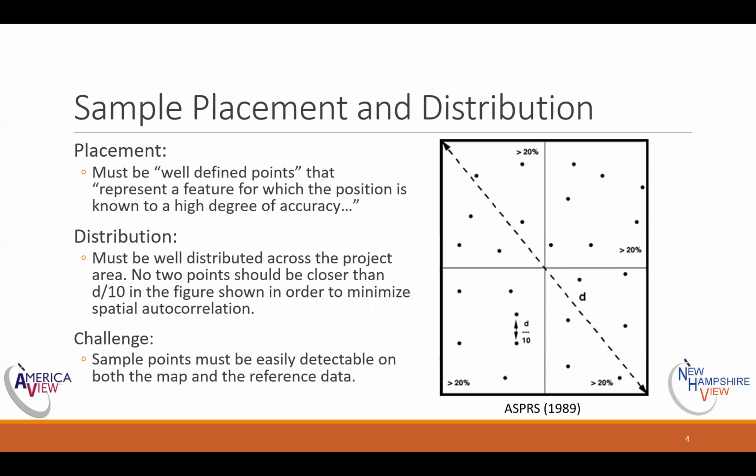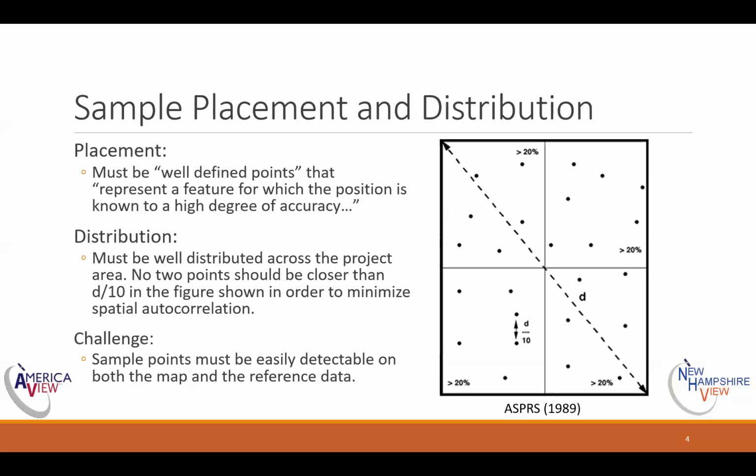Okay. As far as sample placement and distribution goes, again, the goal is to have well-defined points that you can accurately locate, that represent a feature for which the position is known to a high degree of accuracy. Okay, so we want to pick points that we can easily identify.